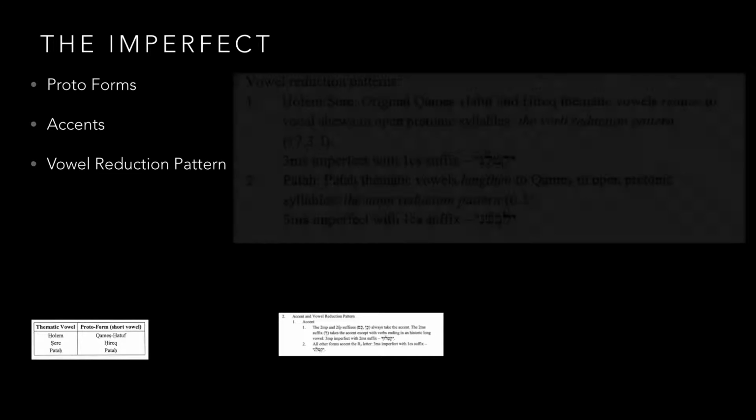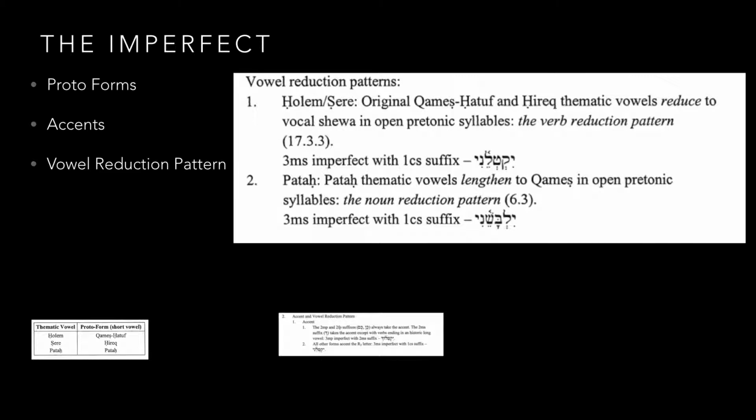And then when we get to vowel reduction patterns, we're going to distinguish between the O and E vowels and then the A vowels. OE vowels, holem and tsere, OE verbs I guess we could say, are going to use the verb reduction pattern. So we're going to get that R2 reducing to a vocal schwa.